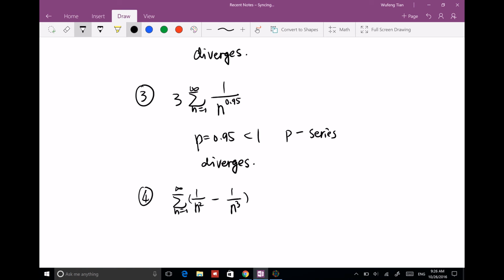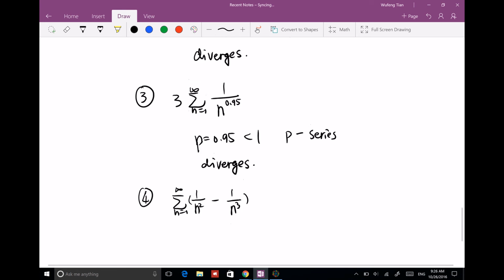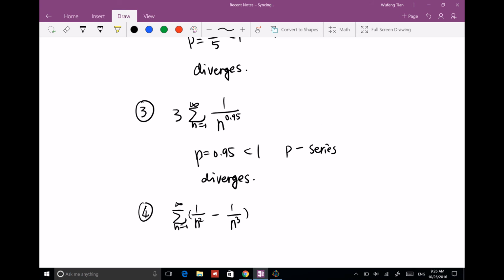How about this one? Okay, the difference is that this one you have 2 P series, right, compared with the previous one. Now my question is, does this one converge or diverge? Make a guess. Converge.